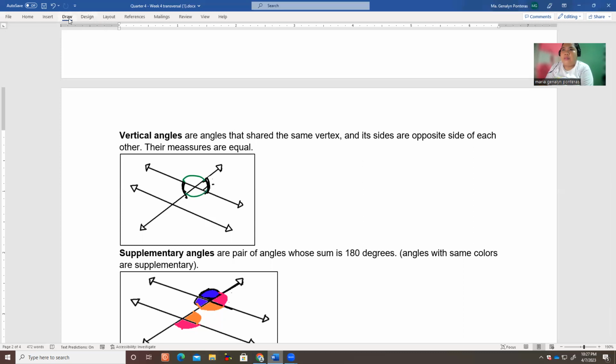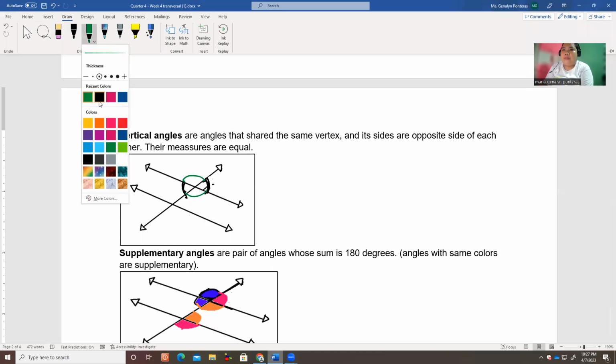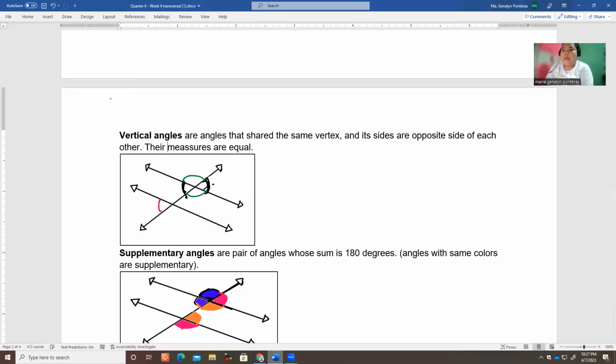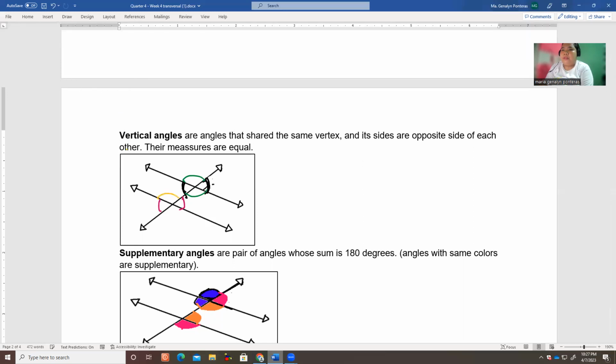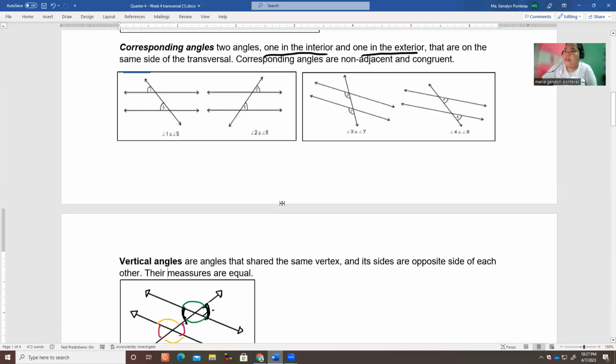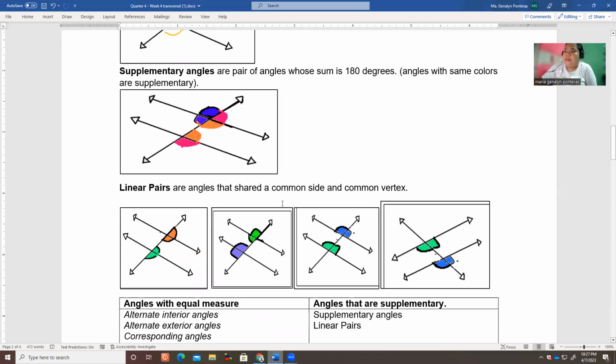This one is also vertical. And this one also. And this one also is vertical. So these are the vertical angles. So these sides are always equal, and these angles are always equal.